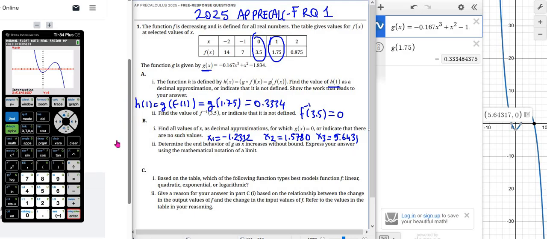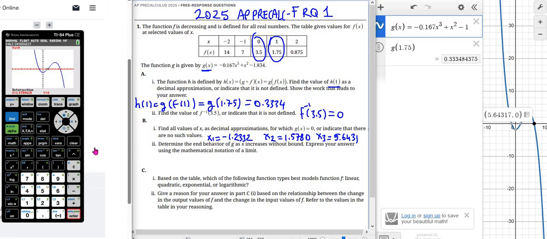For the second intercept, we click on second, trace, number 5, which is intersect. Manually come very close to the second x-intercept, and then press enter 3 times. 1.5780, as we got here on Desmos.